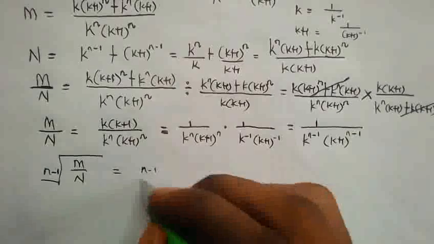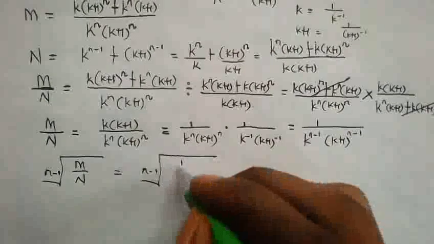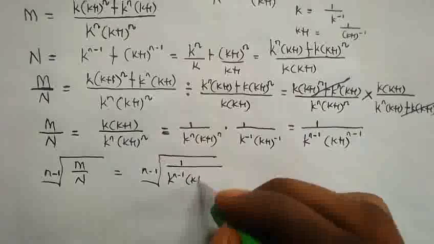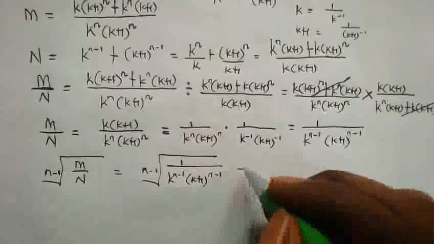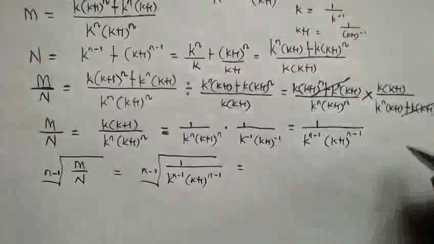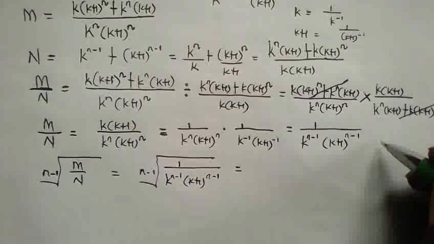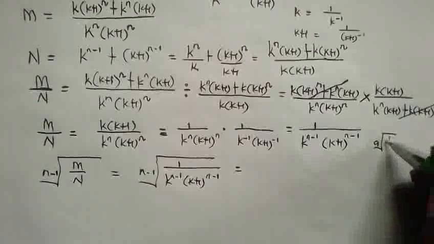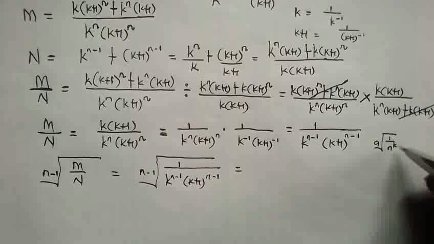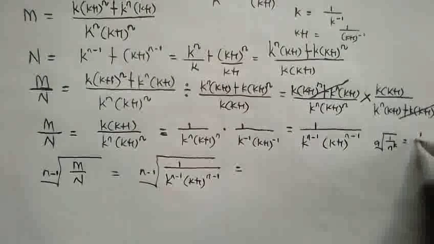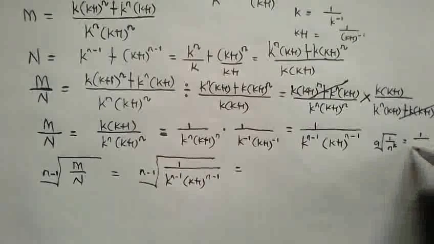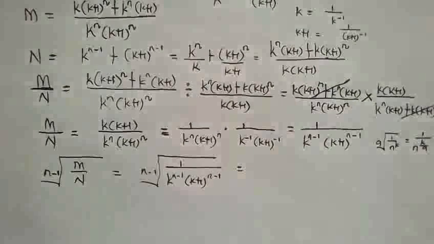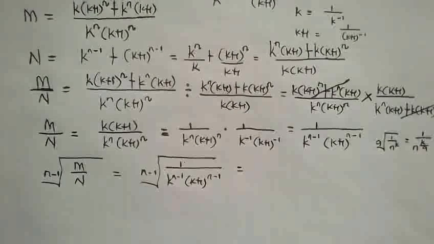The (n-1)th root of 1 over k^(n-1) times (k+1)^(n-1). So we know this property: when we have something like this, the ath root of 1 over n raised to the power k, this is the same as 1 over n raised to the power k over a, right? So we're going to make use of this property right over here.